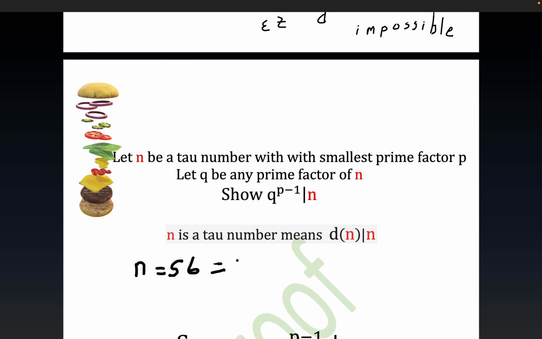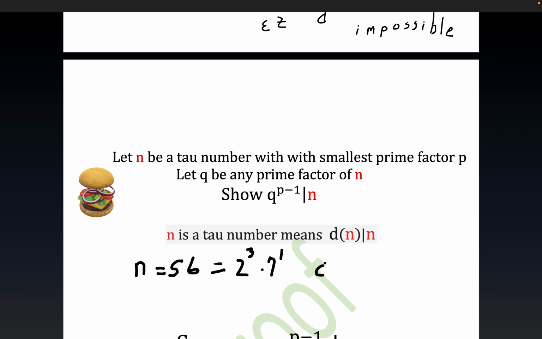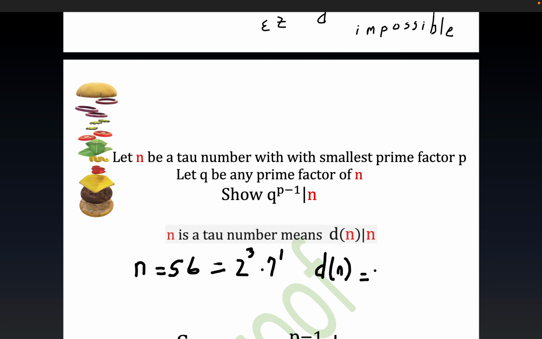7 times 8, but that's 2 cubed times 7. And I'm going to put the 1 here for emphasis because it gives us a little insight on how you count the divisors. You can list all the divisors, but a nice number theoretic way to do it is to write down d of n is equal to 3 plus 1, which is the first exponent you see there.